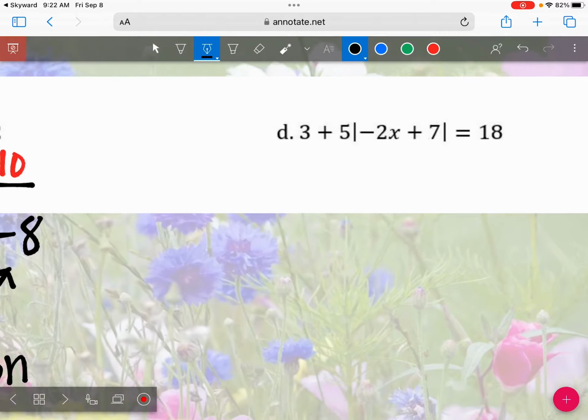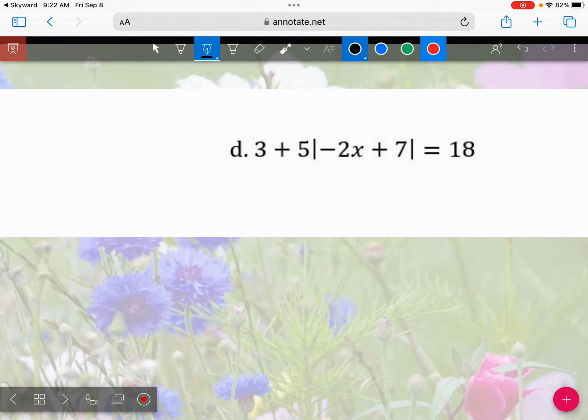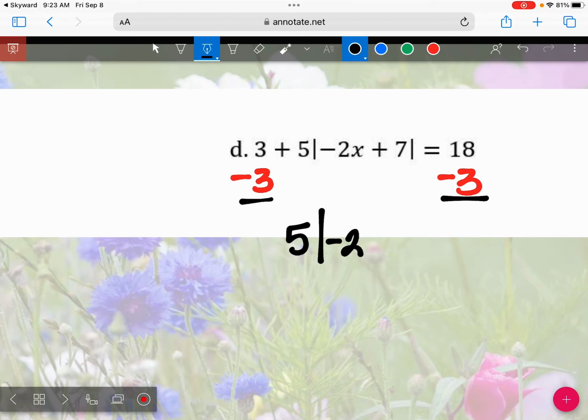All right, now let's look at question D. First, we're going to subtract this 3 in front. You cannot add that 3 plus that 5. We have to subtract the 3. So then that'll give me 5 times the absolute value of negative 2x plus 7 equals 15. And then how do you get rid of the 5 in front? We have to divide it. You cannot distribute.